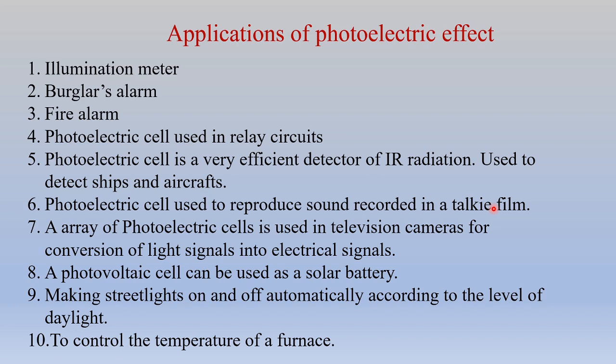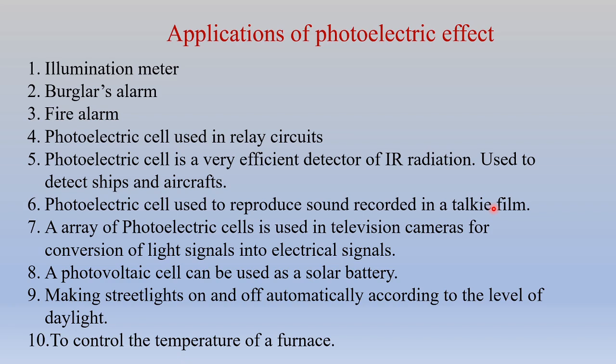Such photoelectric cells continuously receive IR radiations and produce some photoelectric current. When a fire is caught, what happens? As the fire increases, the IR radiations increase, so the photocurrent also increases. If it exceeds a particular value of current, then the alarm will sound.